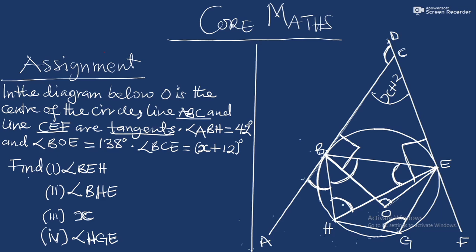So when we add this angle to this angle to this angle and equate it to 180 degrees, we'll be able to find this angle. And we have already gotten this angle and this angle. So let's do that.